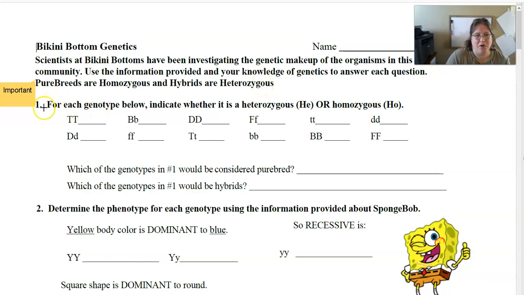So let's look at number 1 for a minute. It says, for each genotype below, indicate whether it is heterozygous or homozygous.